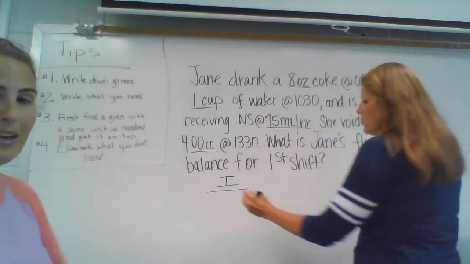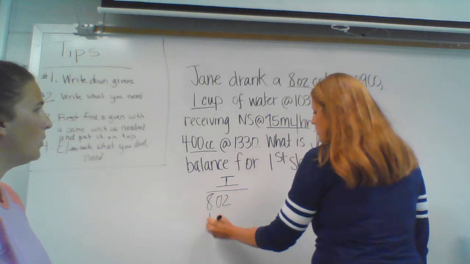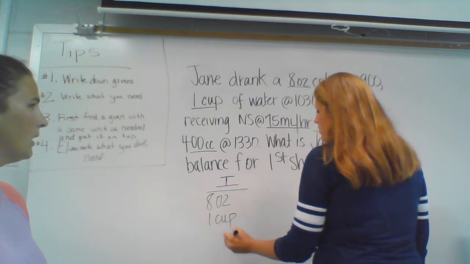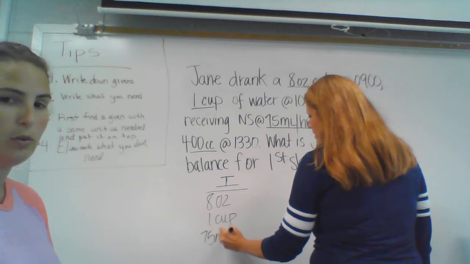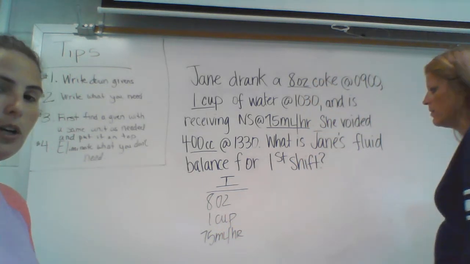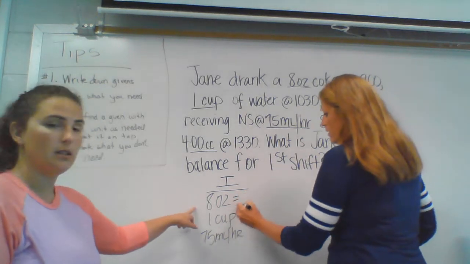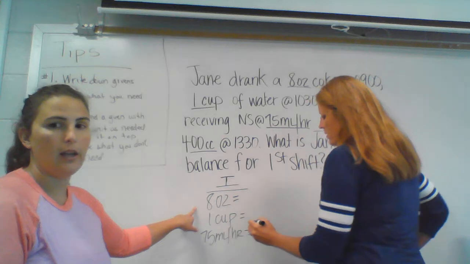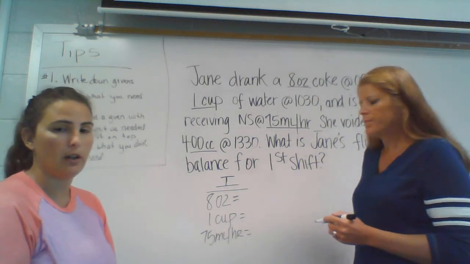So first off, we have 8 ounces of Coke. Then we have 1 cup of water, and we have 75 milliliters per hour of normal saline. So a couple things. First off, we talked about you need to have that chart ready. So how many ounces are in a cup and how many milliliters are in an ounce or how many milliliters are in a cup.